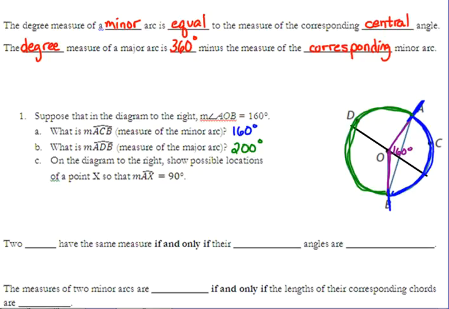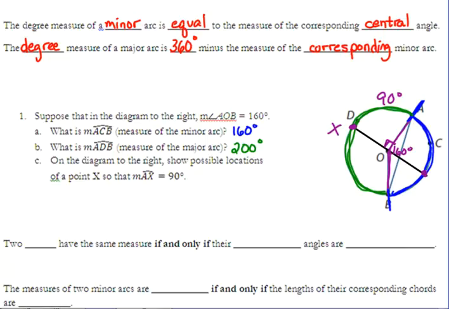There are actually two places where this point could be. X could be over here about halfway between C and B. The reason why is that if I put that line right there, it forms a 90-degree angle with the radius OA. So if the central angle is 90 degrees, then the minor arc is also 90 degrees.